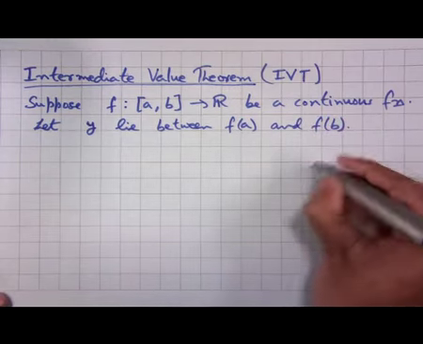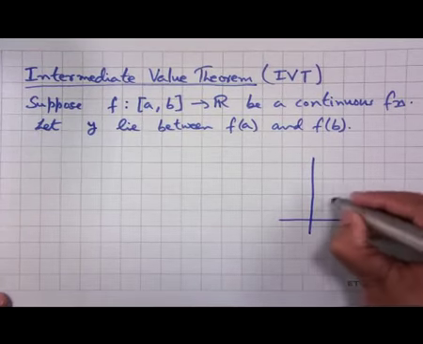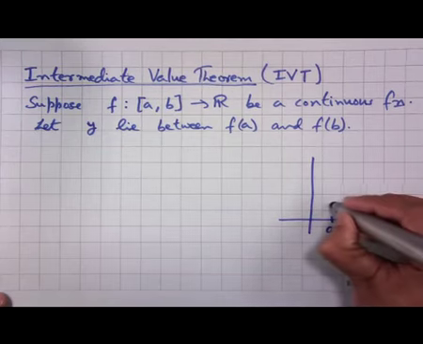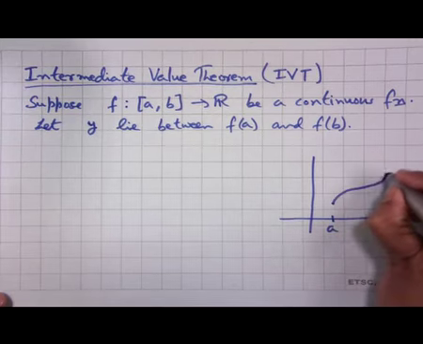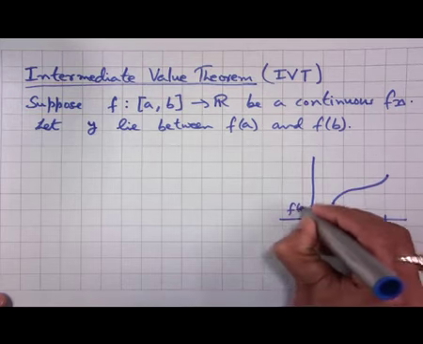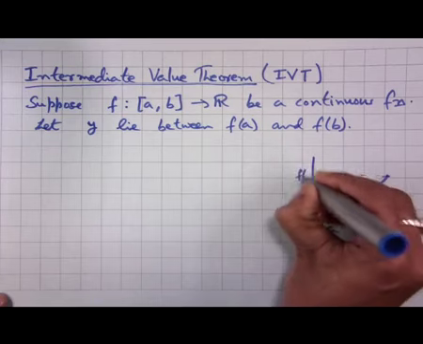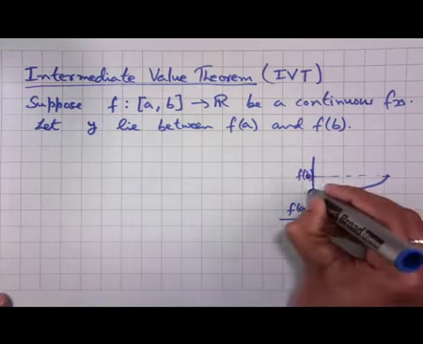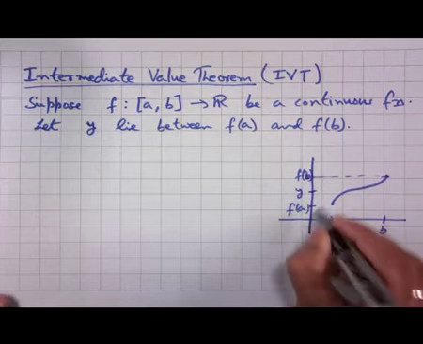So, what we have is a continuous function, and this is my f of a, this is f of b, and suppose there is some y which lies between f of a and f of b.